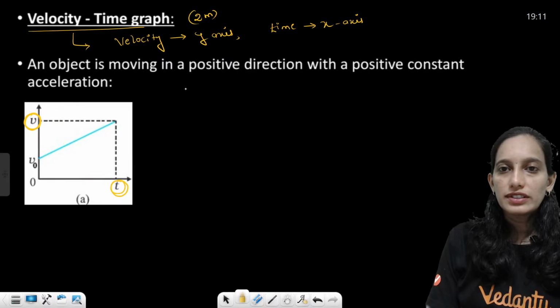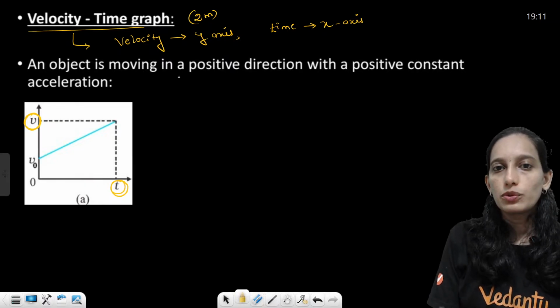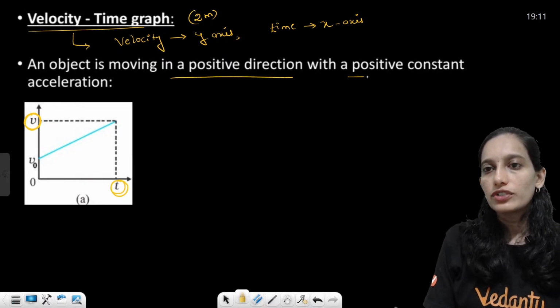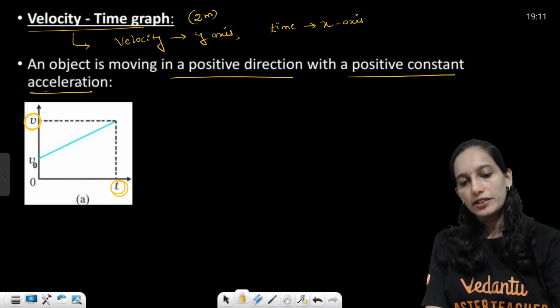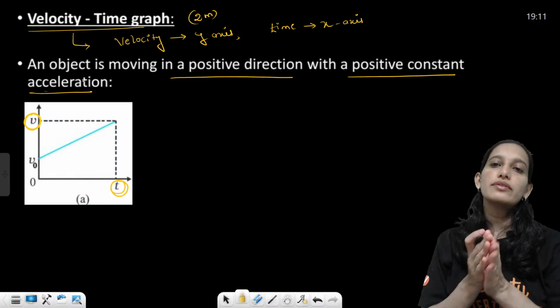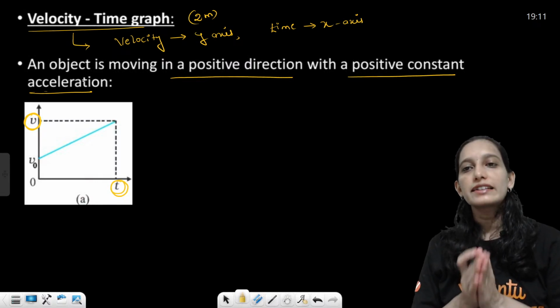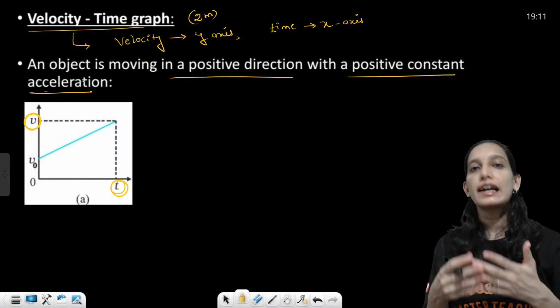The first case we have taken here is an object moving in a positive direction with a positive constant acceleration. In this chapter, we are sticking to constant accelerated motion or uniformly accelerated motion.